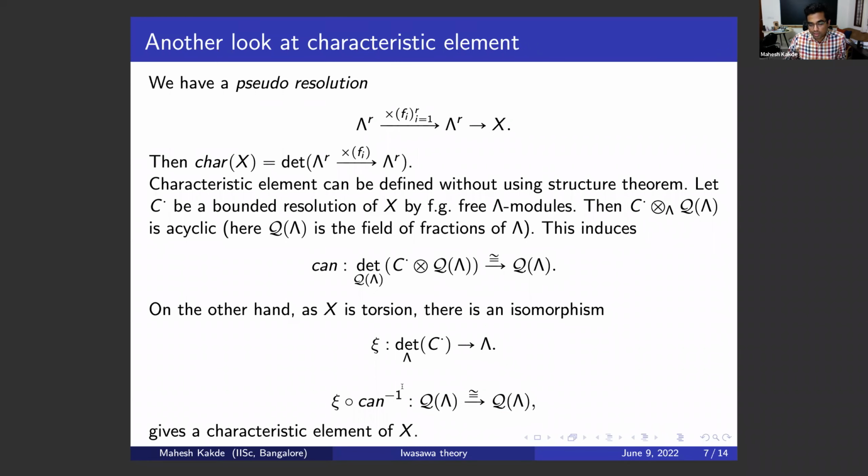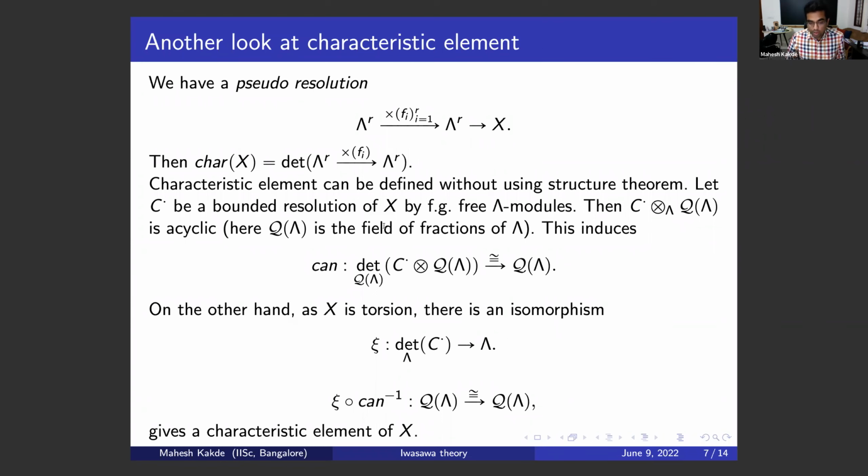This is a Lambda algebra isomorphism, so it's multiplication by a unit in Q Lambda, a non-zero element, and this gives the characteristic element of X. So this is a way of defining the characteristic element of a finitely generated torsion Lambda module without using structure theory, and this works over more general rings.